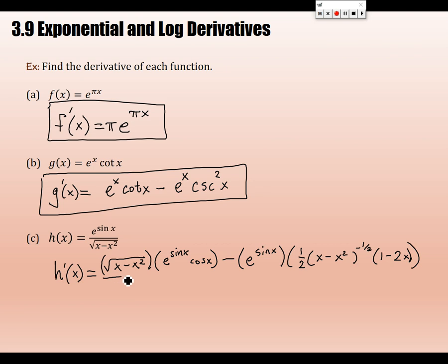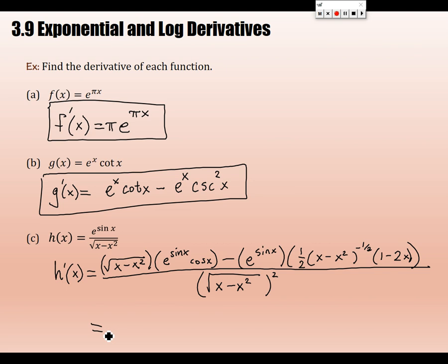And then over x minus x squared, square root of x minus x squared. All right, and then of course there's some simplification that could be done. Just leave it like that. You can just square it to get x minus x squared, right?